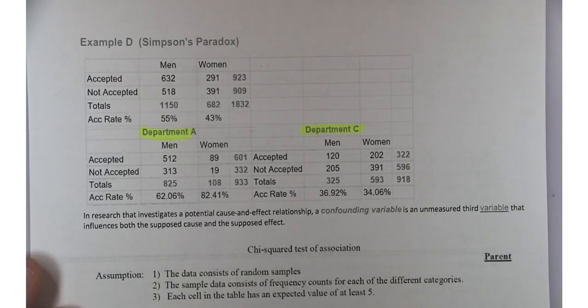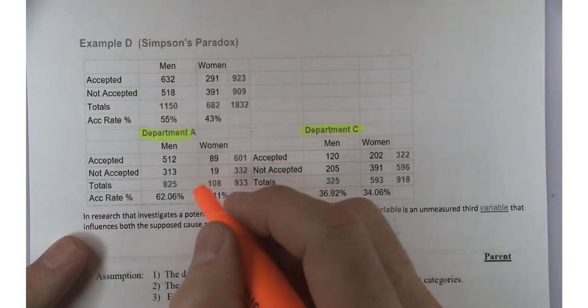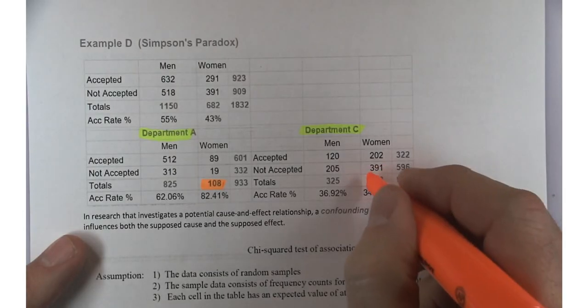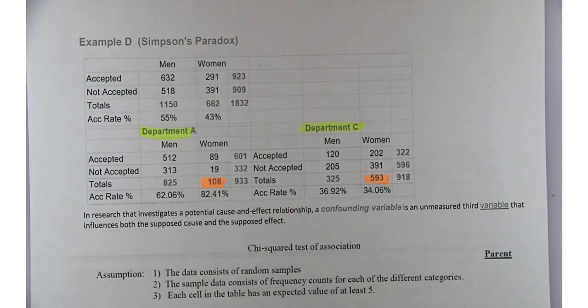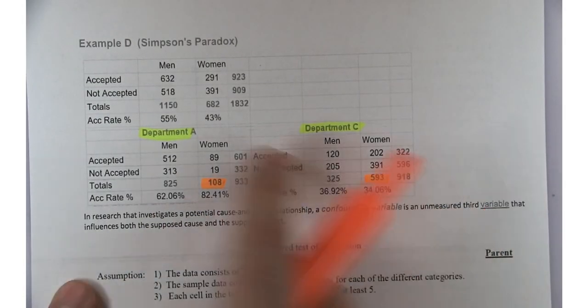But take a look. The number of women applying to Department A is pretty small. That's where it's almost a sure thing. Whereas a lot more women apply to Department C, where it's tougher to get in. And so overall, when you combine these results, this is the effect that you're seeing.